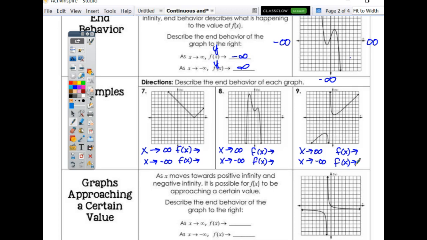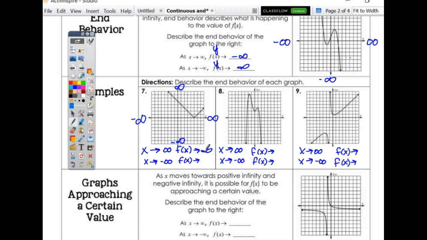So if it helps you to label this, label it. So this is infinity for the y's, this is negative infinity for the x's, and negative infinity for the y's. So for the first one, as x goes to infinity, what is my y doing? It's increasing to infinity, right?